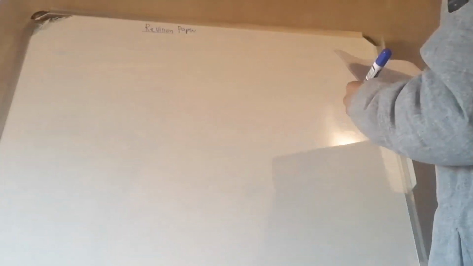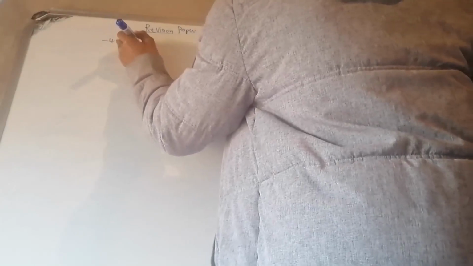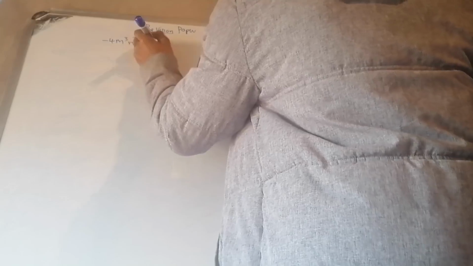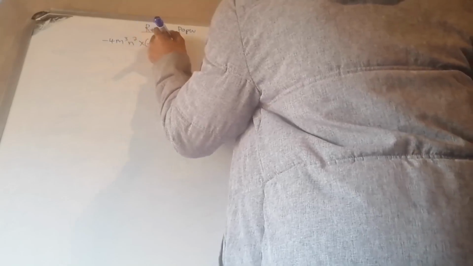Alright, from here, simplify. Negative 4 m3 n squared times negative 3 m4 n3.